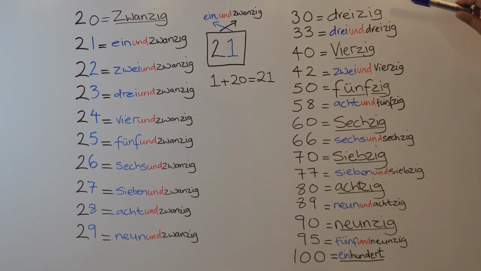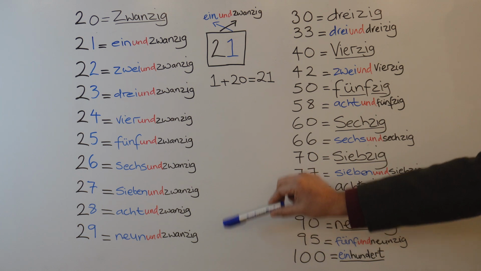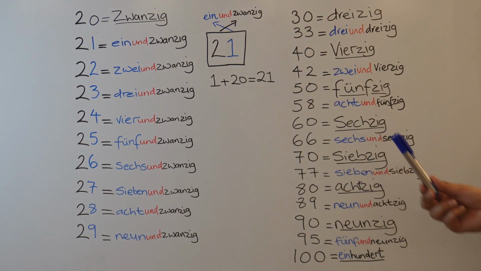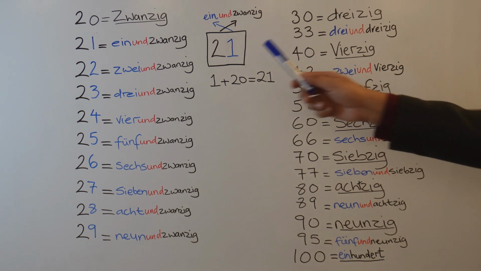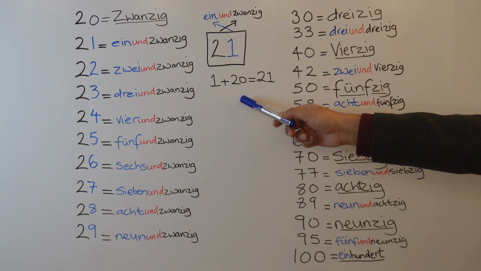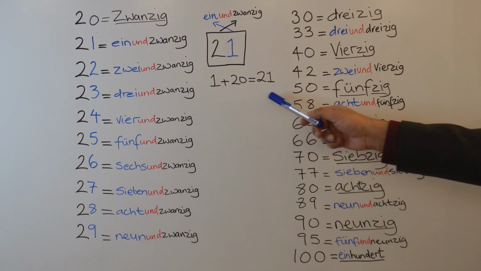So the numbers between 30 and 40, I have not written all of them over here, but in all the numbers between 30 and 40, the same principle will apply. For example, I want to say 31, and just suppose that I put over here 1 and I put here 30. So it will become 1 and 30, that is 31.